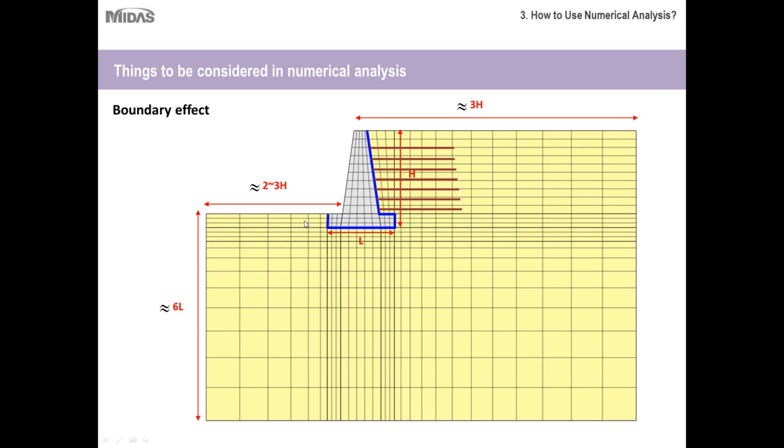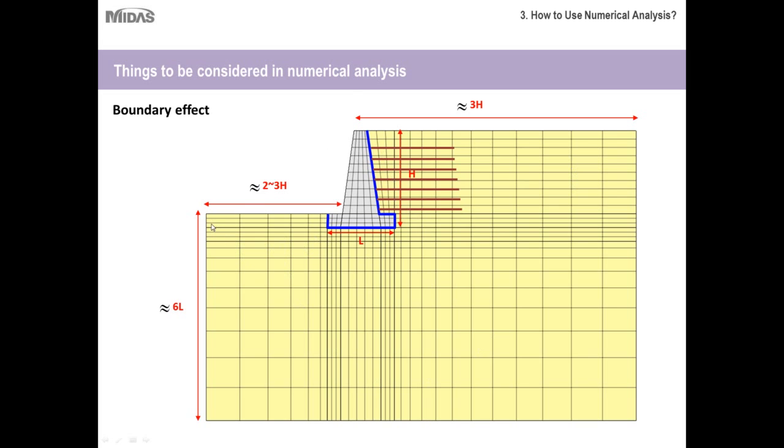You would like to see how the stresses from this construction or structure you have here will affect or dissipate into the adjacent structure. Usually, anything within this boundary frame would be affected by this structure.